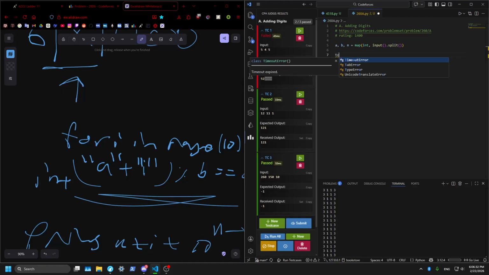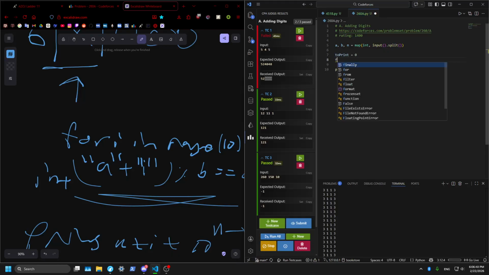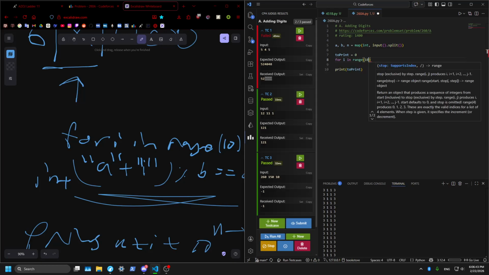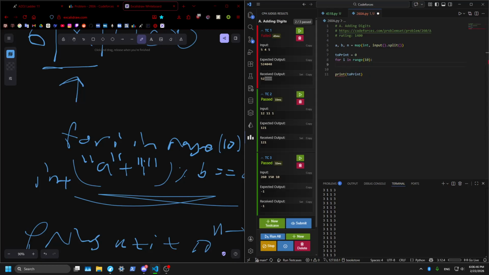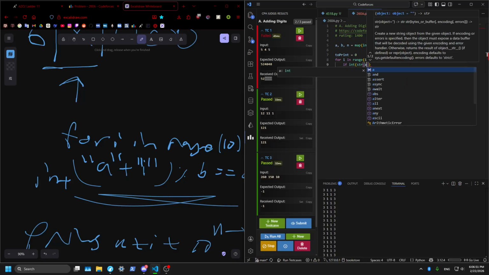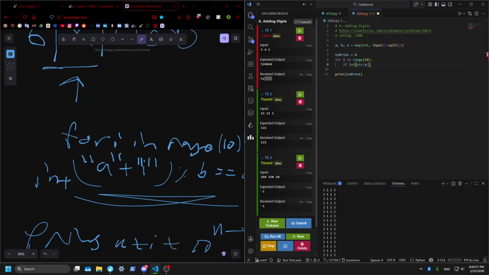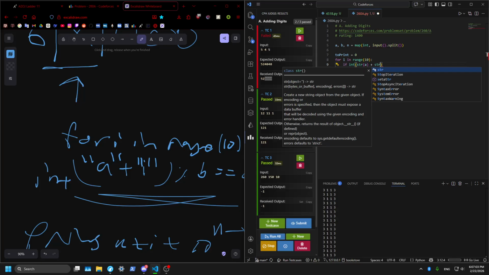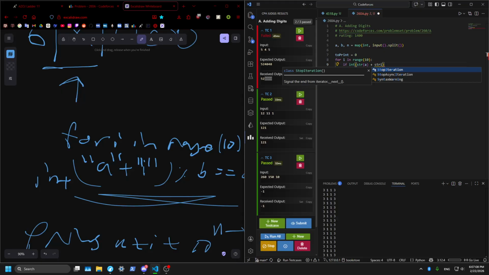So, toPrint equals 0. For i in range 10, if int str A plus str... well, we don't have to do this conversion.